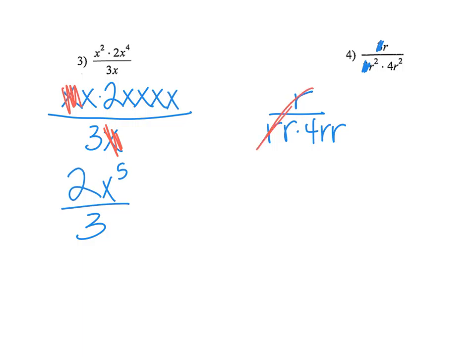Cancel out what you can. On top, I have a 1. On bottom, I have 4. How many r's? R to the third. Good. Okay, let's stop there. Keep going with your classwork.